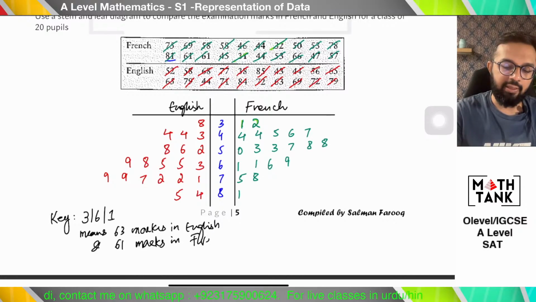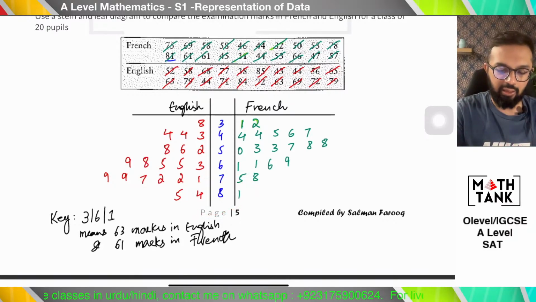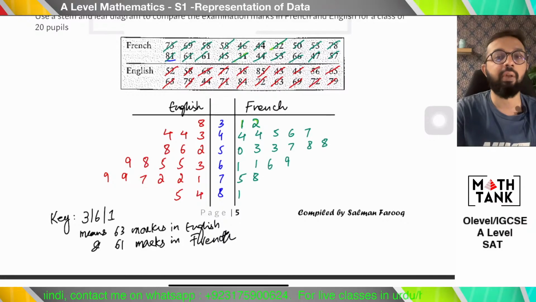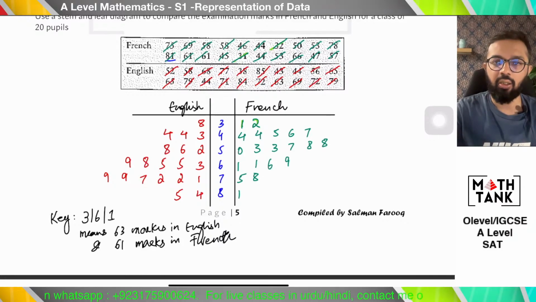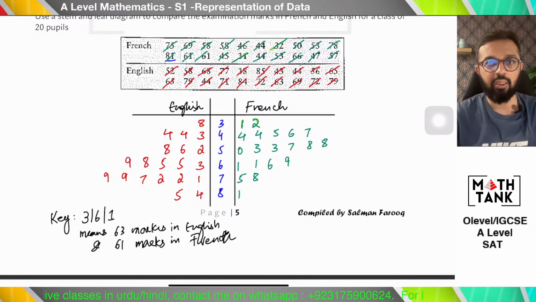You could pick up any set of values. If you say, sir, the 80s seem easy, I'll pick that, you write 84 marks in English and 81 marks in French, depending on which side you are talking about. You will have to explain to me how you are reading that data set.